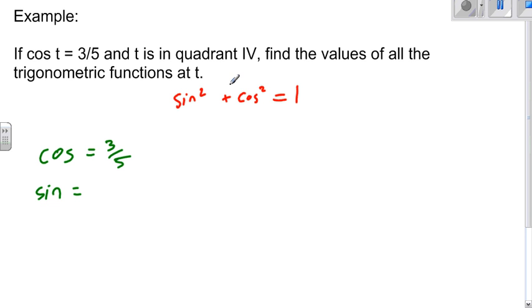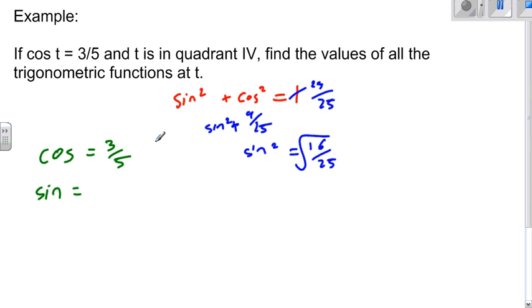So if we plug in 3/5 for cosine, that would be 9/25. Subtract that from 25/25. We're going to get sine squared is 16 over 25, which square root is going to be 4 over 5. Since it's in quadrant 4, all students take calculus, only cosine is positive, so sine will be negative there.